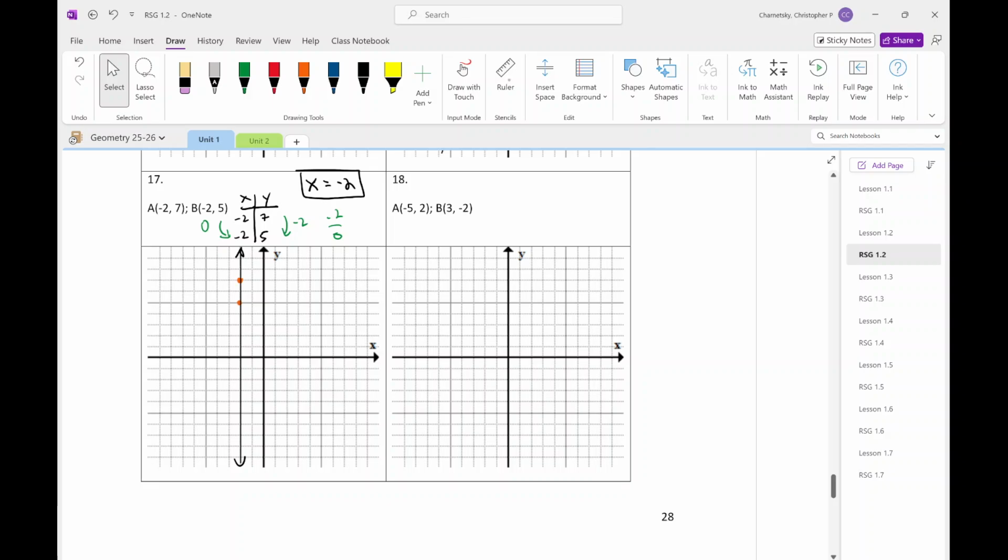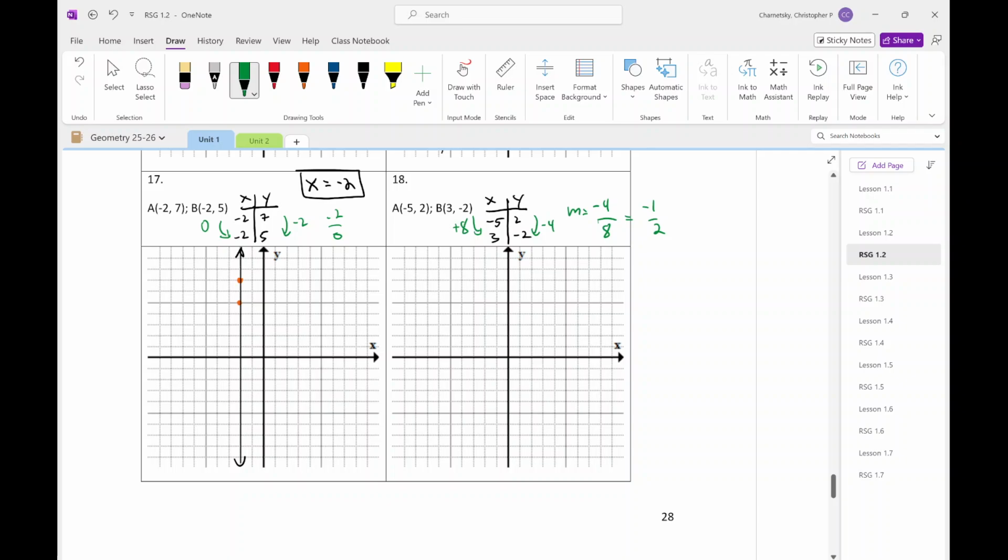Okay. Number 18. Let's figure out what our slope is. So negative 5, 2, 3, negative 2, so our y is going down by 4. Our x is going up by 8. So my slope is going to be equal to negative 4 over 8, which we can simplify to negative 1/2.